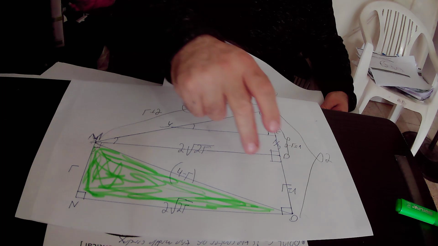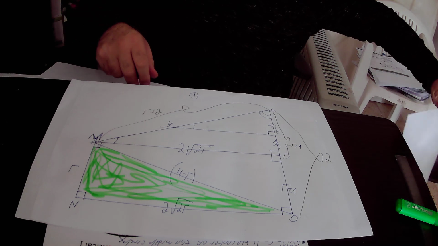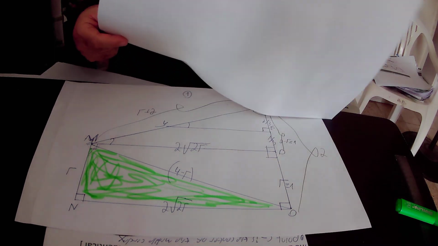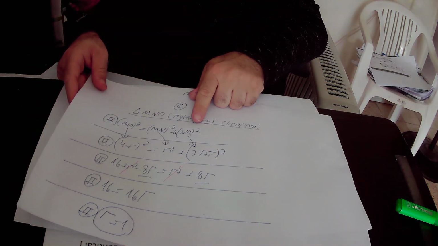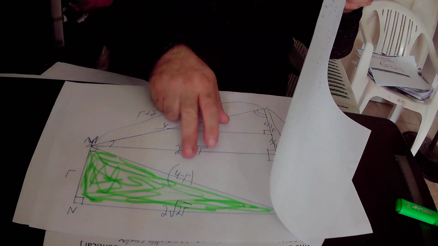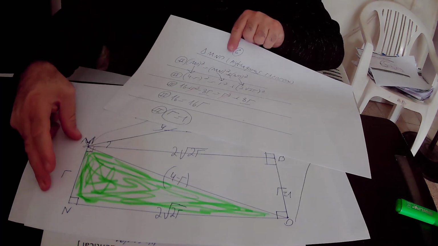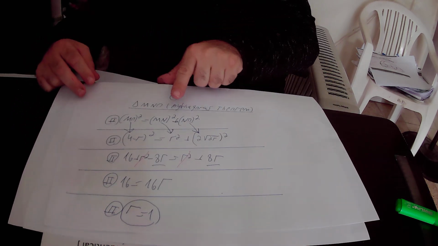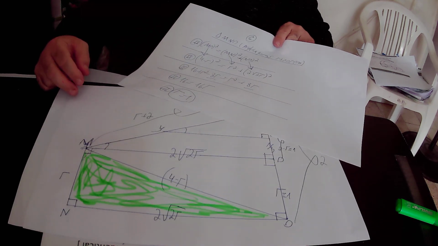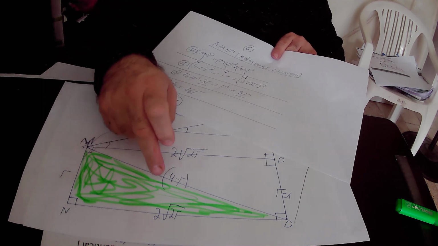That is to say, MO square equals MN square plus NO square. We know that MO equals 4 minus R. So MO square equals 4 minus R square. MN equals R, so MN square equals R square, plus NO square. We found out that NO equals 2 times the square root of 2R, so NO square will be equal to 2 times the square root of 2R square.